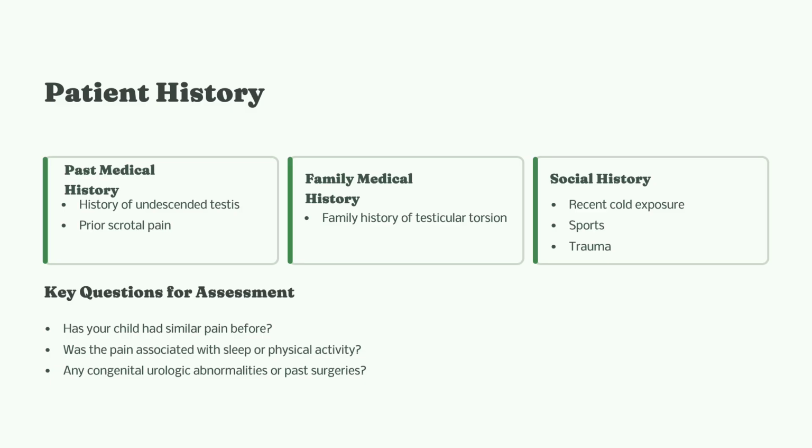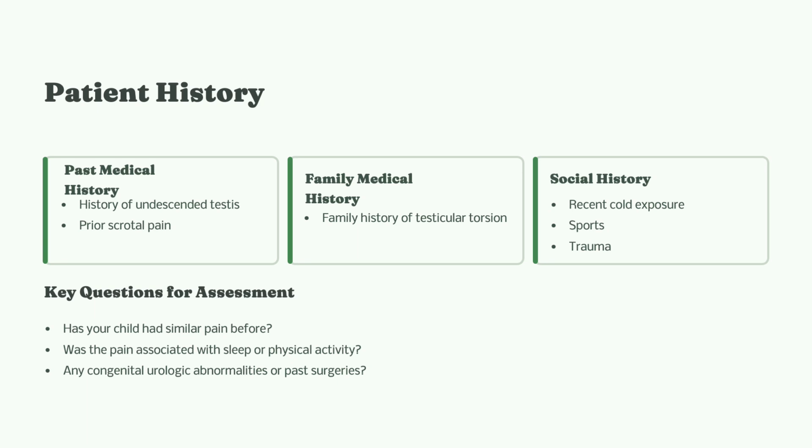When conducting the patient history, it's important to ask about prior undescended testes, past scrotal pain, or prior surgery. It's also important to ask about family history of torsion. That's really relevant. And ask about cold exposure, trauma, and physical activity.